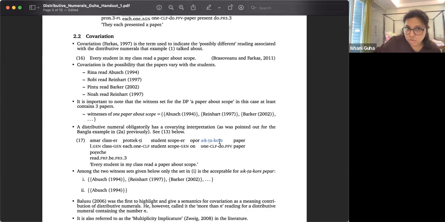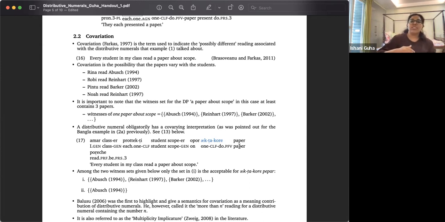So let's understand what covariation is again. Let's look at 16: Every student in my class read a paper about scope. Covariation is the possibility that the papers vary with the students. So Rina read Abush, Robbie read Reinhardt, Pintu read Barker, Noah read Reinhardt again. Now, how do we represent it in terms of sets?